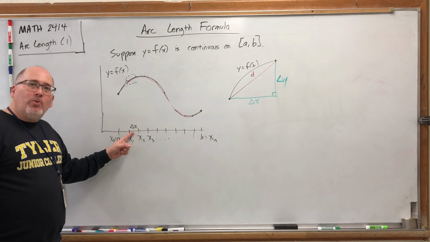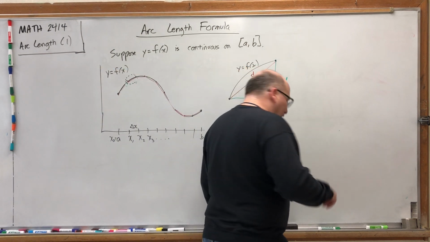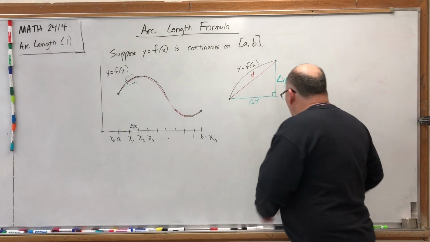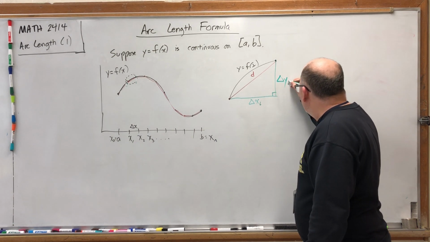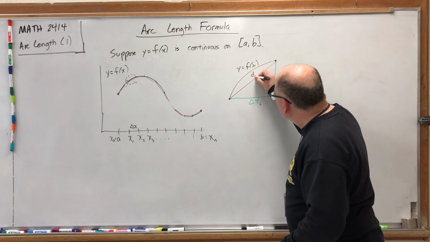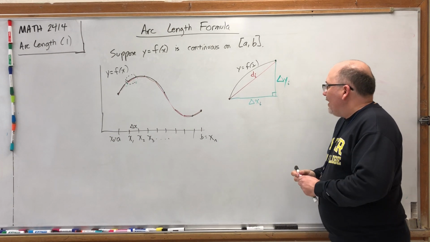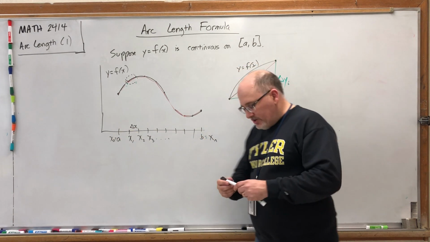Now this is from the second one, but it was just generically selected. So we'll say it's from the ith one. So I'm going to subscript each of these with an i, including the d for distance, meaning that we're doing this picture on the ith subinterval, whichever one it is.